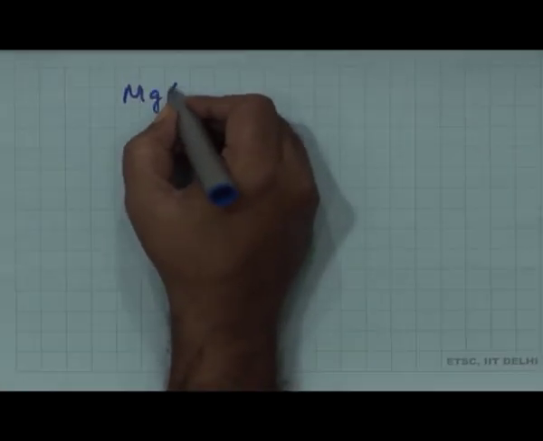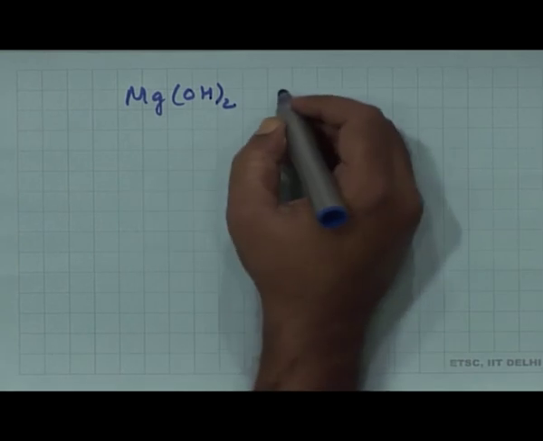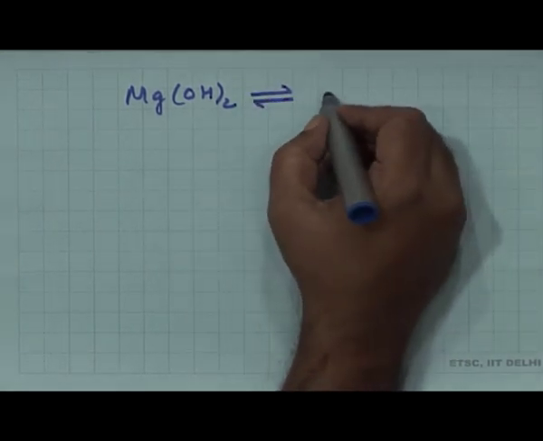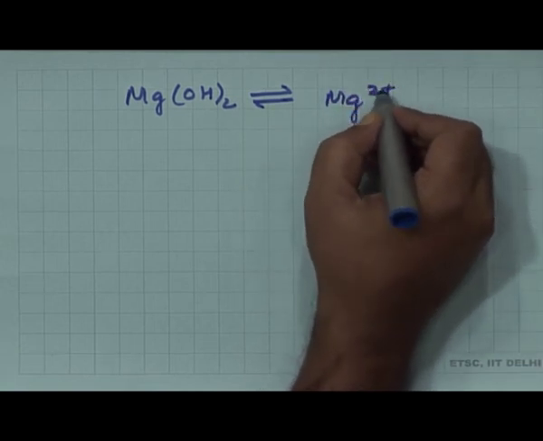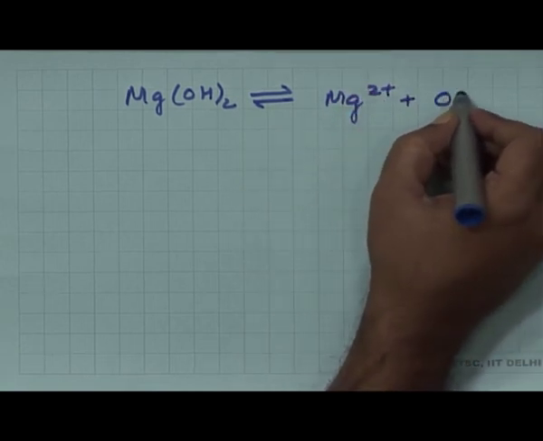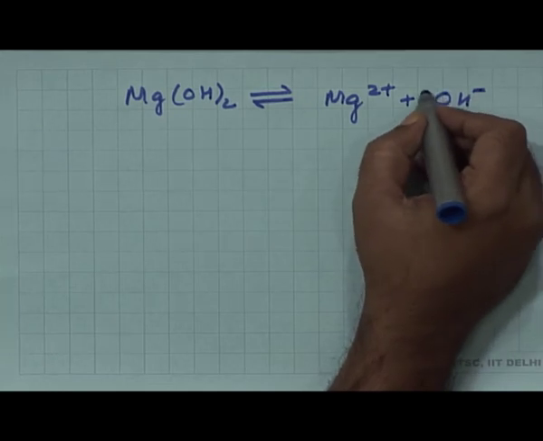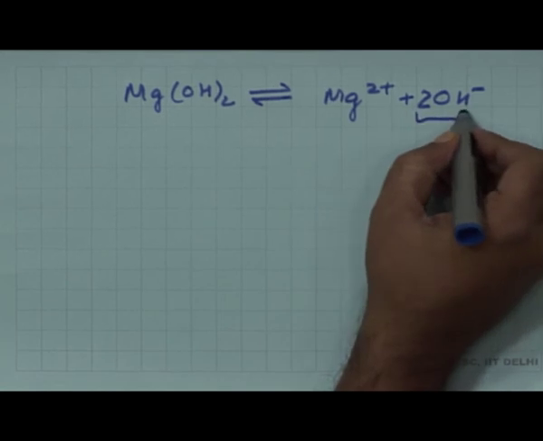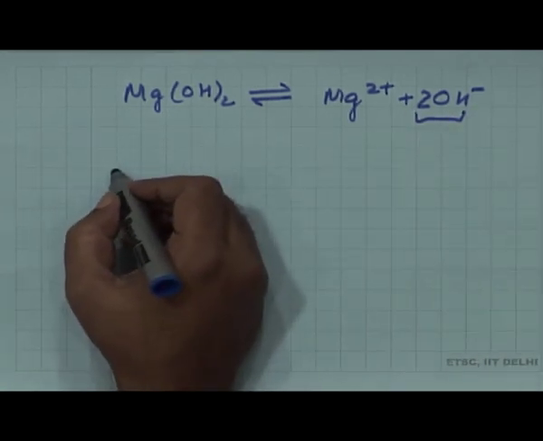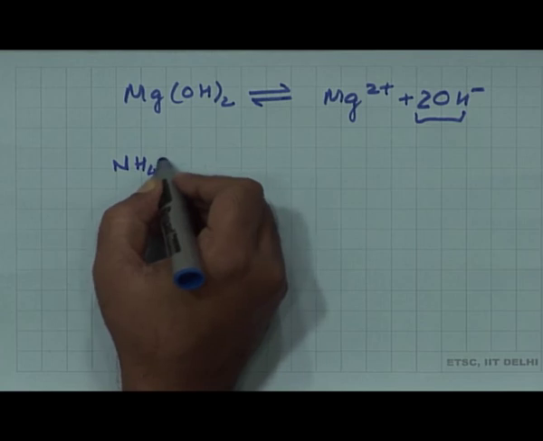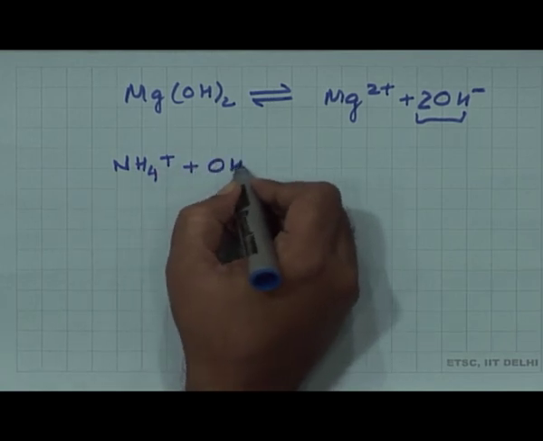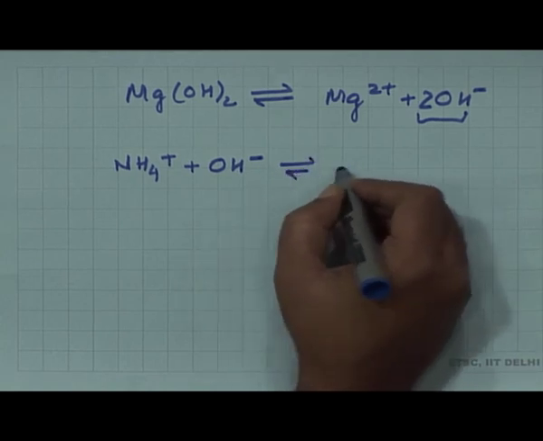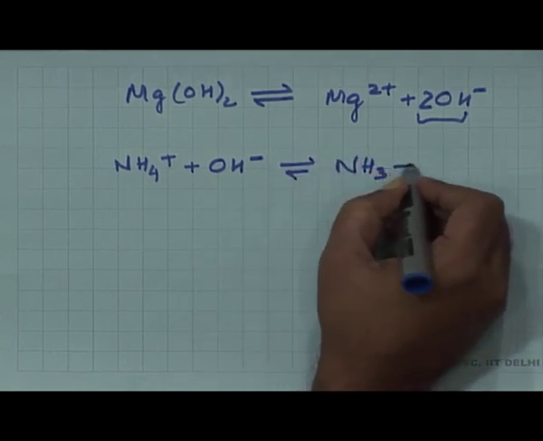So, we have the salt Mg(OH)2, which is a sparingly soluble salt. That will give you Mg2 plus and twice OH minus ion. This OH minus ion is getting utilized in the reaction with ammonium ion, which gives you ammonia plus water.